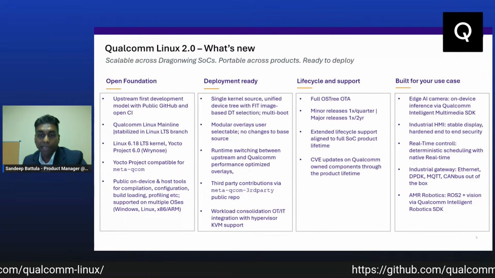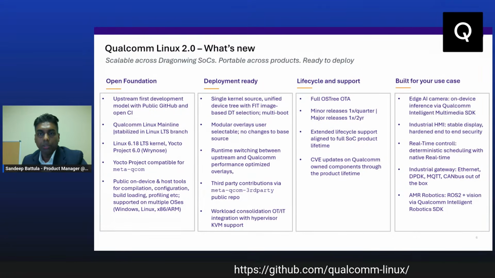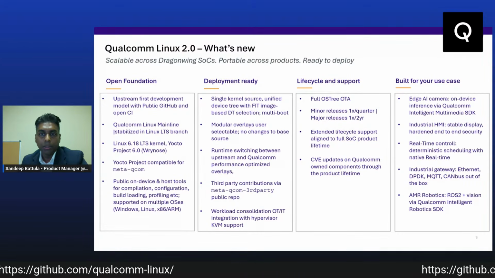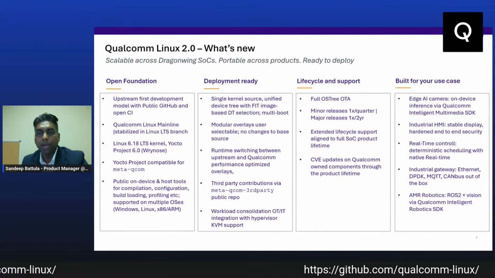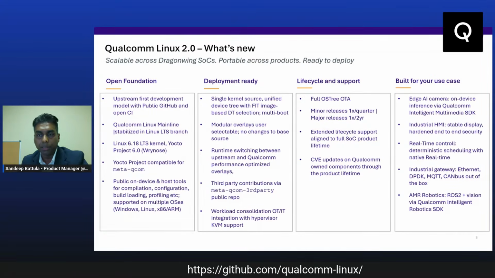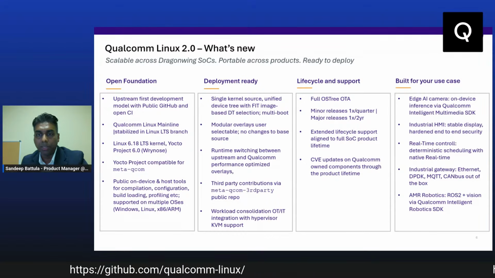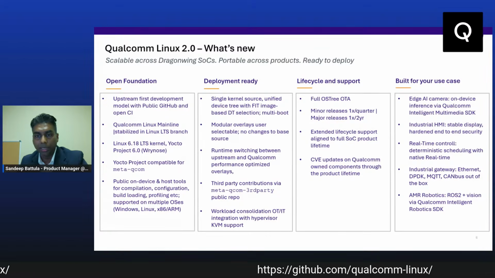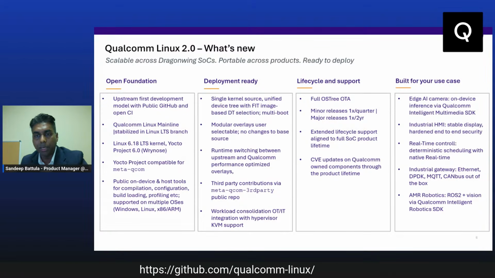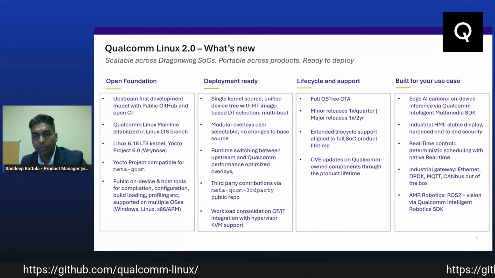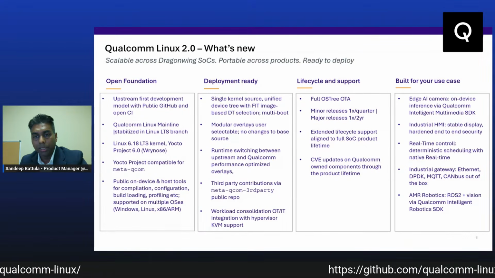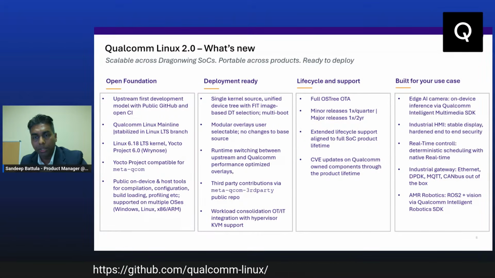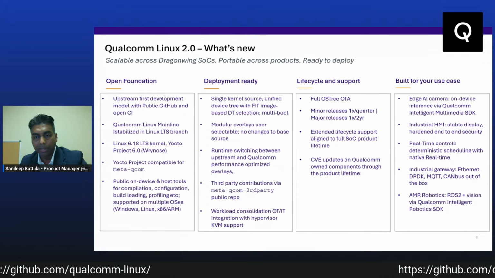So the key takeaway is Qualcomm Linux is built for your use case. You use the single software foundation to build a wide variety of products like an Edge AI camera, where you can do on-device inference with the Qualcomm Intelligent Multimedia SDK, or you're building a product for industrial HMI with a stable display and hardened end-to-end security, or real-time control with deterministic scheduling with native real-time, or a product as an industrial gateway with Ethernet, MQTT, CAN bus, or industrial connectivity.